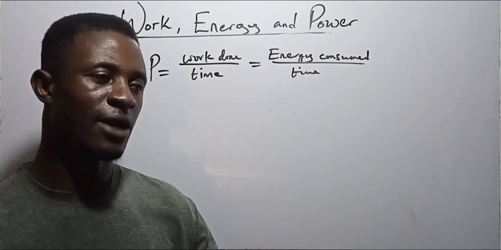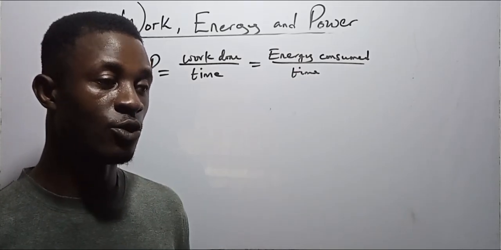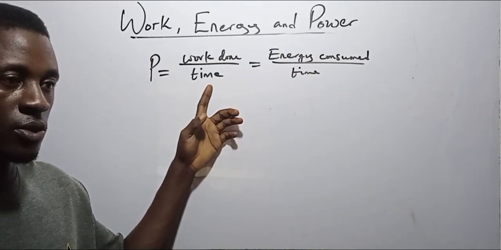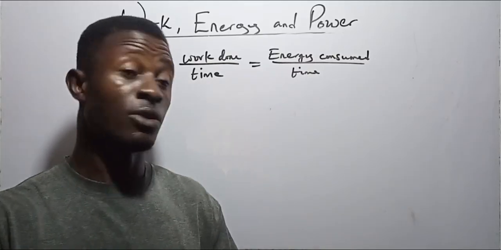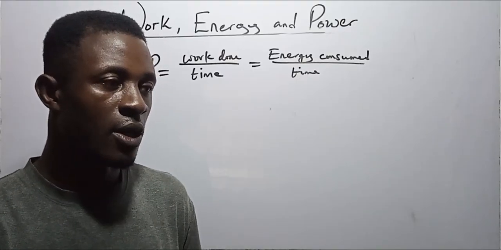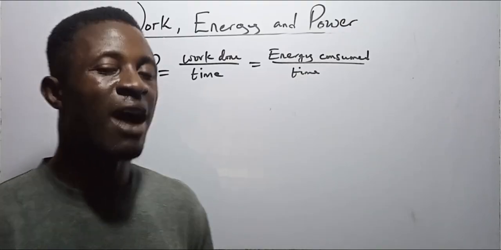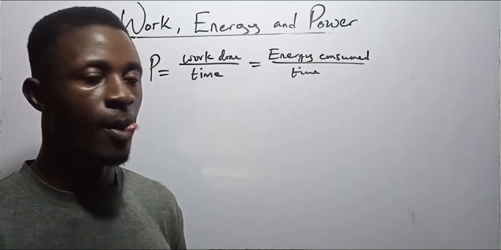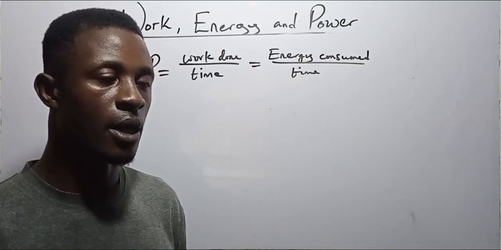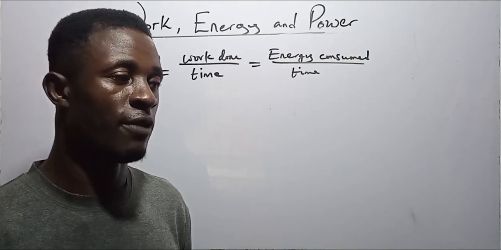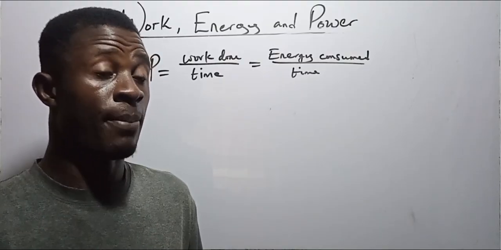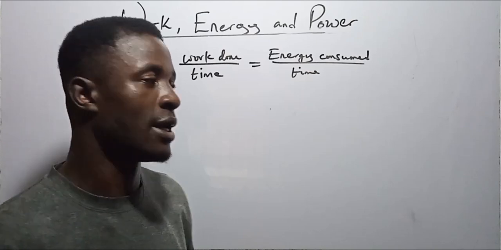So if I can do a particular kind of work faster, I have more power because my time will reduce. But if I take a lot of time to do a particular work, I have lesser power. Power is talking about how fast you do a particular work, or how fast I'm consuming a particular energy. So if I supply electric energy and I'm consuming it fast, it means I have high power.